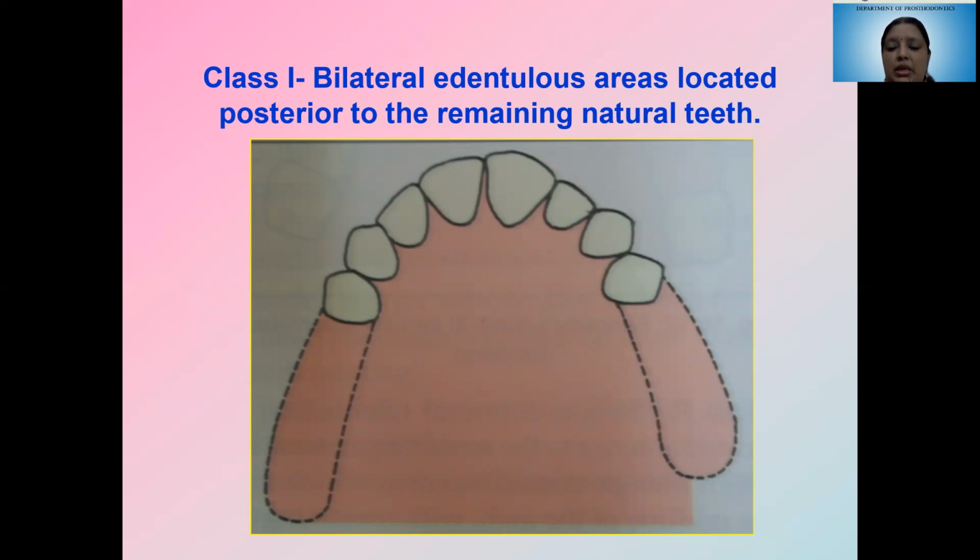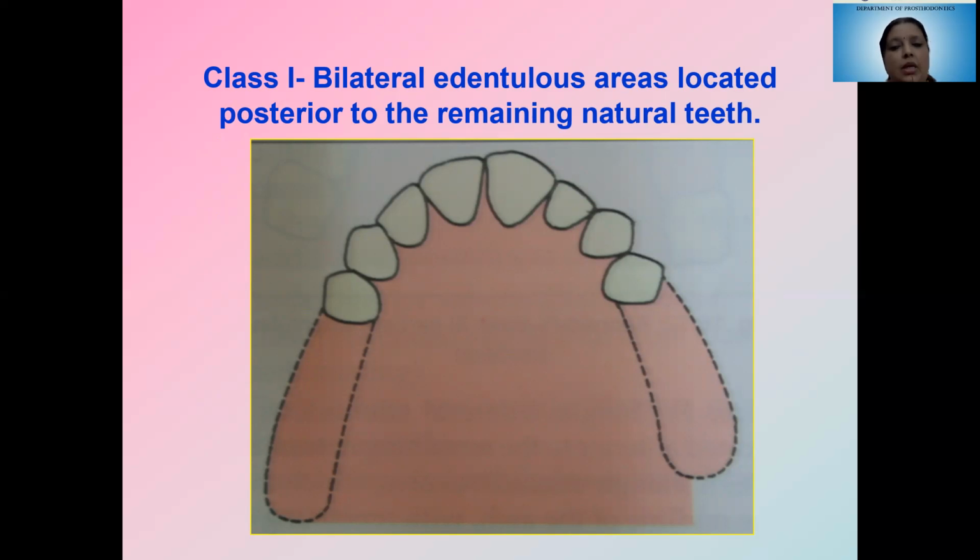It is a posterior edentulous area. There are no more posterior teeth present. Whatever remaining teeth are there are anterior to this edentulous area. So Kennedy's class 1 is bilateral on both sides of the arch, edentulous areas which are posterior to the remaining natural teeth.